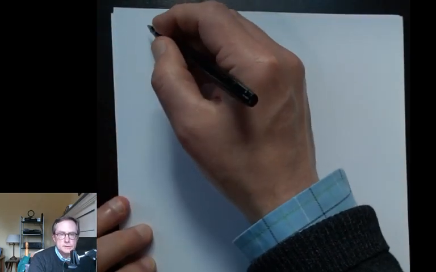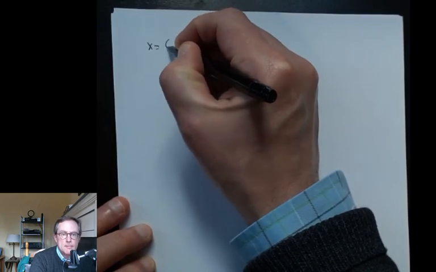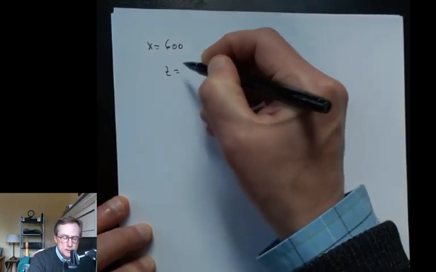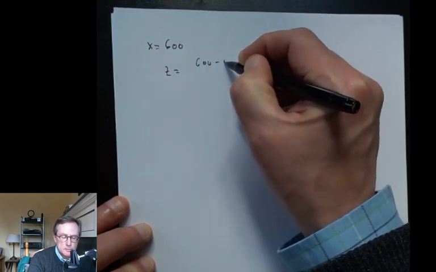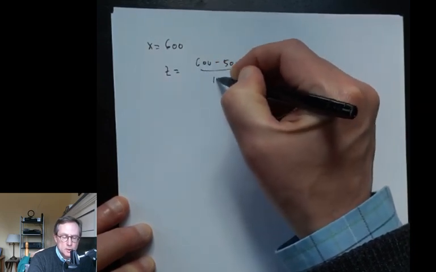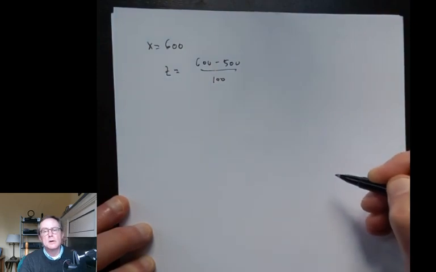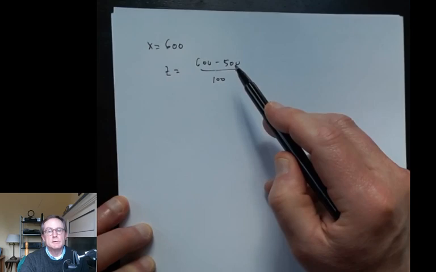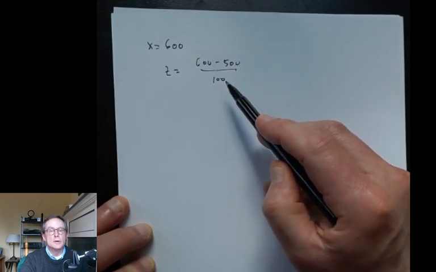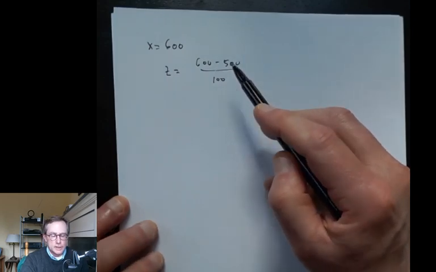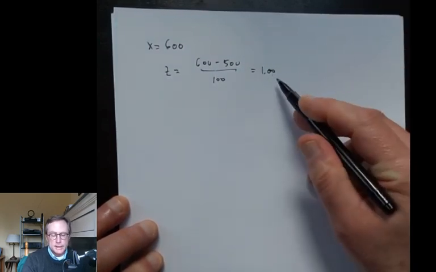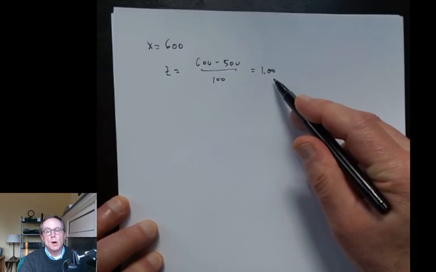If you get x equals 600, okay, then your z-score is 600 minus 500 over 100. The 600, that's your score. The 500 is mu, the middle of the SATs, and the 100 is sigma, the standard deviation of the SATs. So of course, this is 1.00. We would say that your z-score is 1.00.